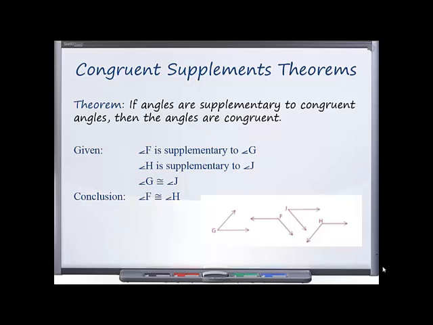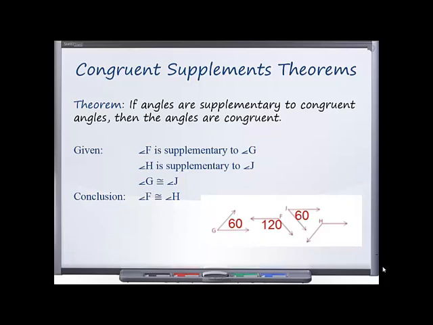So again, let's take a look. So we know that G and J are congruent, meaning they have equal measures. So let's just say that the measures of G and J are 60 degrees. Well, if F is supplementary to G, then that would make angle F equal to 120 degrees.